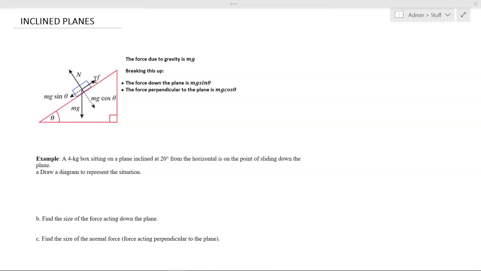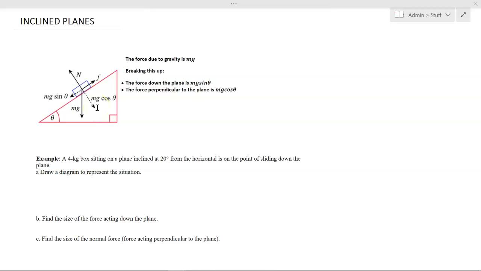What we want to do then is break that up into the overall force, usually going down the plane. It could reverse if we're towing it up. So going down the plane and then in terms of the normal. What you might like to remember, especially if you're not doing physics, is the force down the plane is always mg sin theta. The force that balances the normal is mg cos theta.